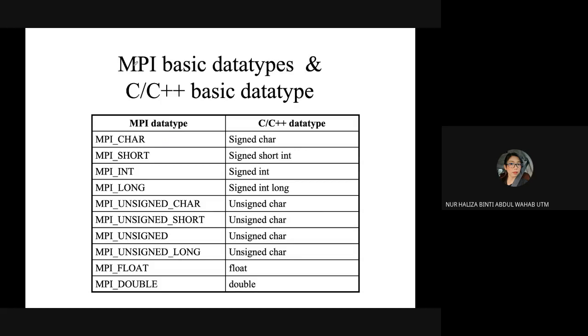So here, this is a comparison table between your MPI basic data type and your C or C++ basic data type. You normally see all of this like signed char, signed integer, long, unsigned char, float, double, because in C programming we always use them, right?